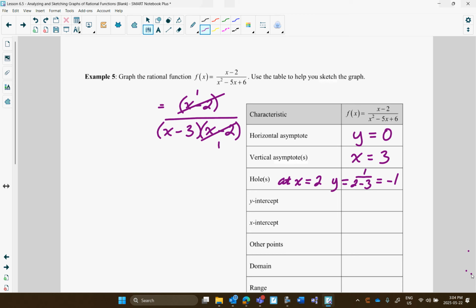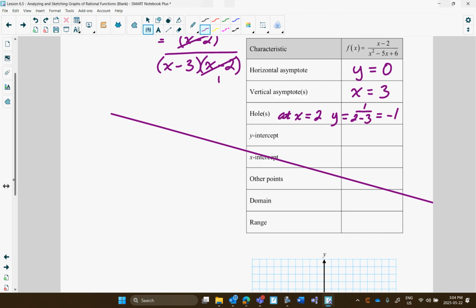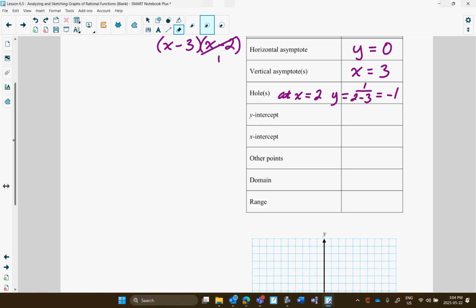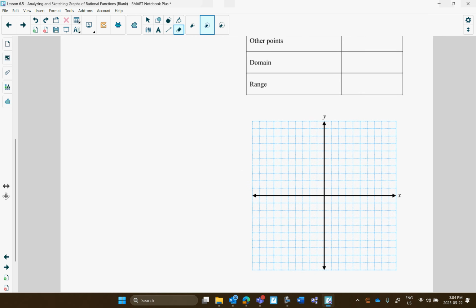Let's graph the asymptotes and the hole. So the asymptotes are y equals 0 and x equals 3.